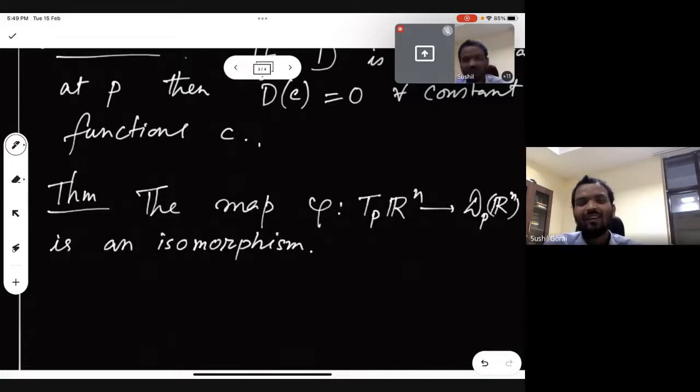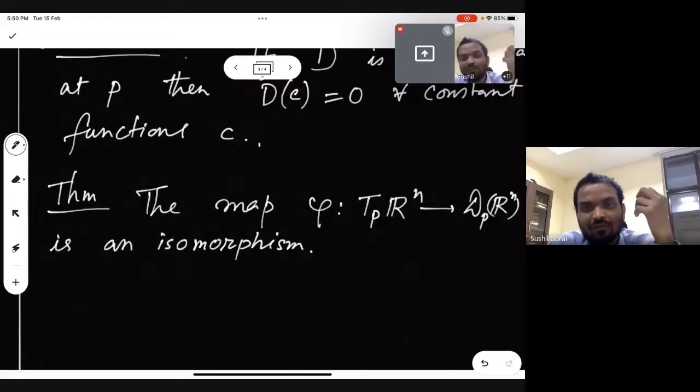This is very important because now we can abstractify the tangent space, and the derivation part we can move to any smooth manifold. You do not need the structure of Rn or an open subset of Rn. So for the derivations, one can define them anywhere in any manifold. With the notion of smooth functions, you can define derivation.